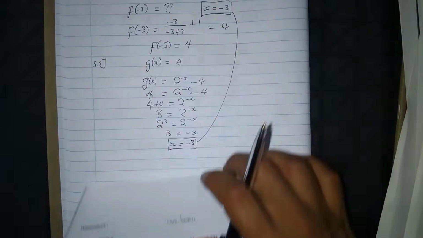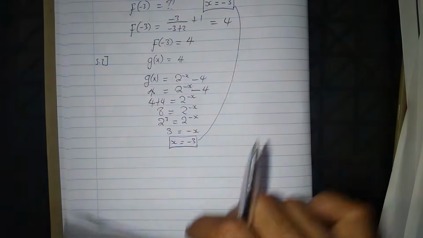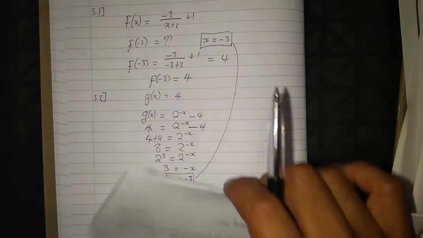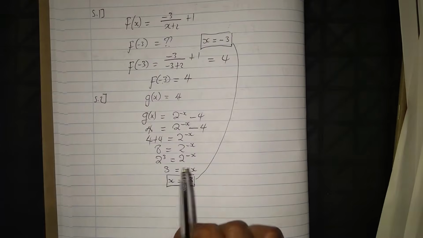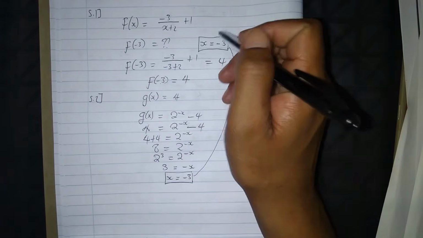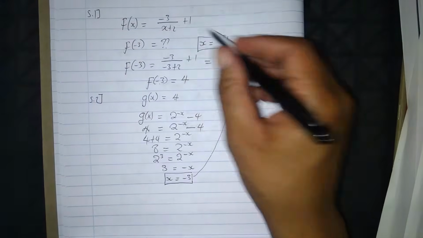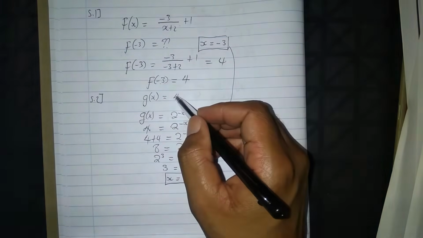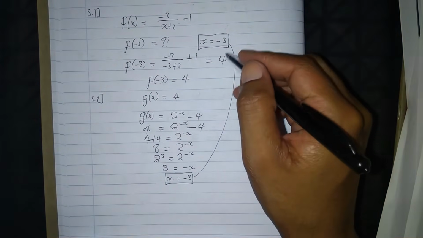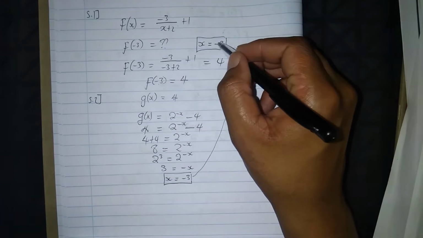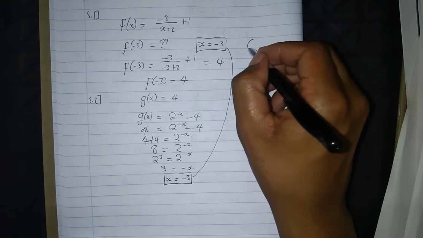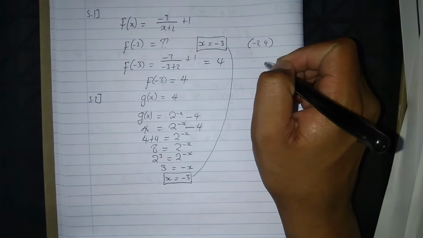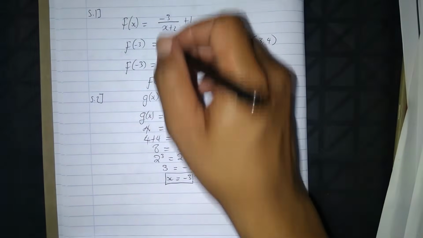The x values are the same. X is equal to -3 for the exponential, and x is also equal to -3 for the hyperbolic function. So that makes -3 and 4 the coordinates, the point of intersection between these two graphs.